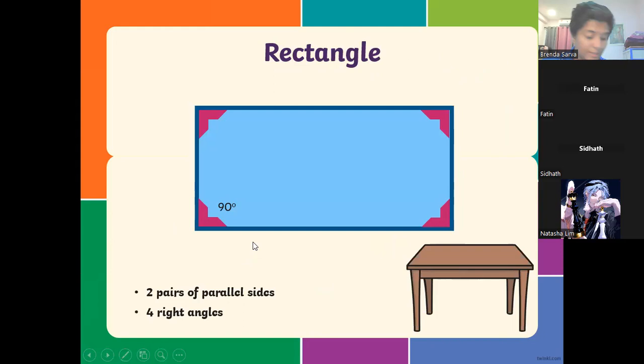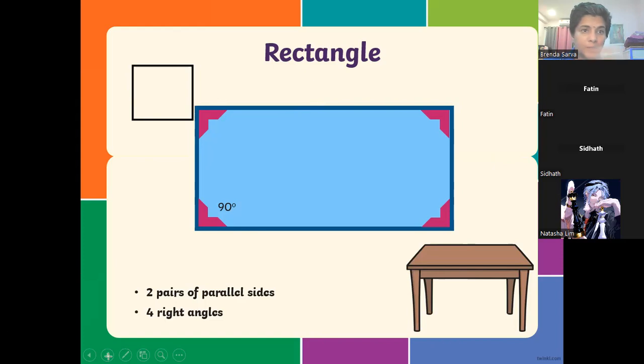Is this a polygon? Is this a regular polygon? It is a polygon, but is this a regular polygon? A regular polygon means all the sides are equal, like a square, like a pentagon, like an equilateral triangle. But this is just a polygon still, and it's a quadrilateral.